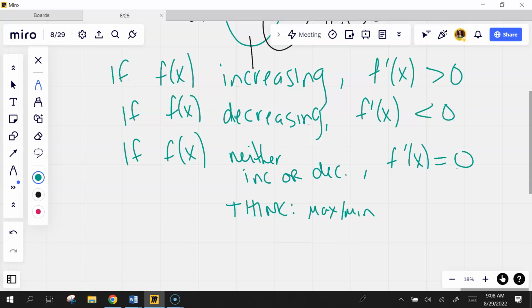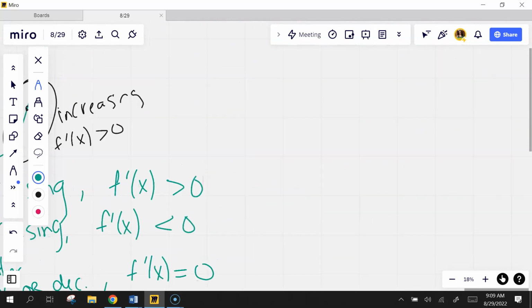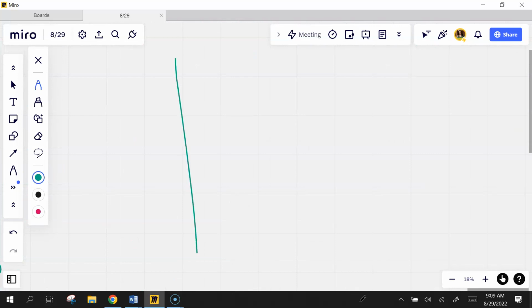Let's see. Let me go to your homework. I want one for you to try. I'm going to put this with the camera because I'm not going to be able to draw it accurately.